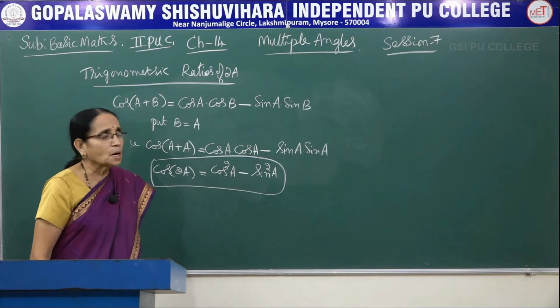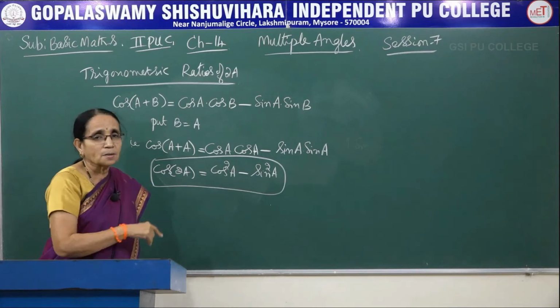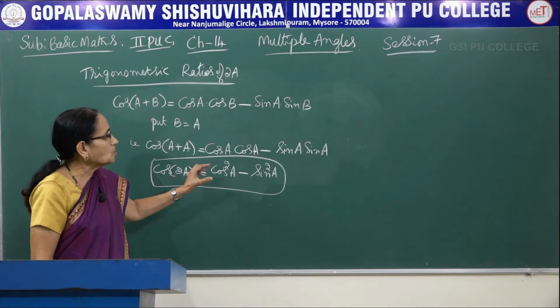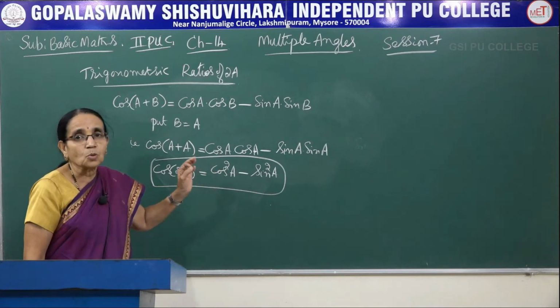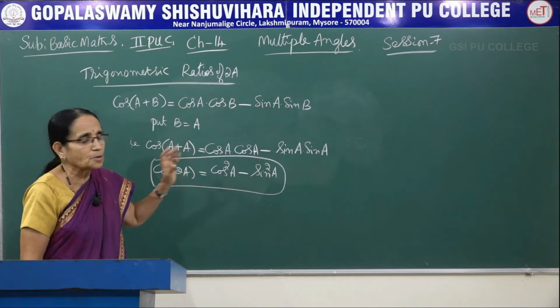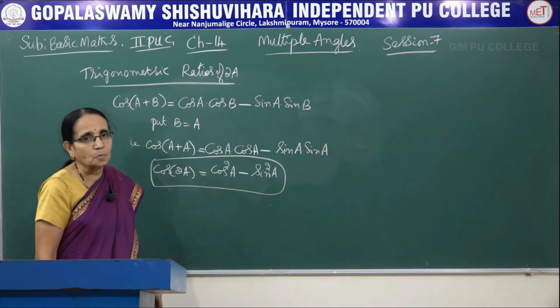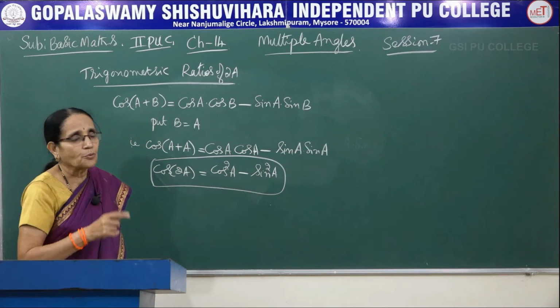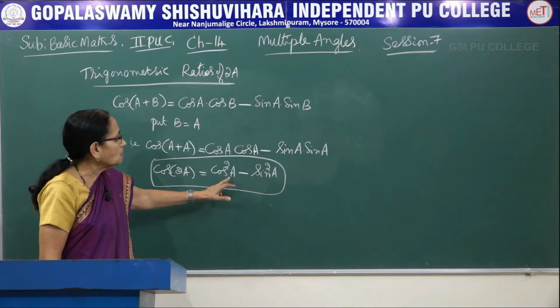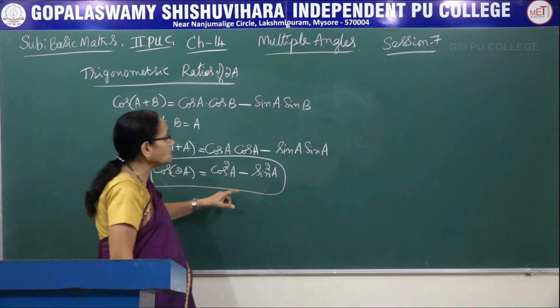Now the speciality about cos of 2a is, in the case of sin 2a, what's the formula you got? It is 2 times sin a into cos a you got. Whereas here for cos of 2a we got one formula. There would be 2 more formulas which can be obtained from this one. So let me start with this itself.